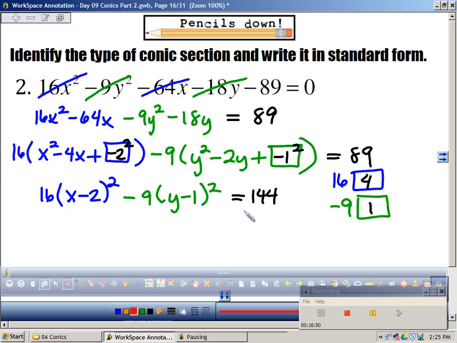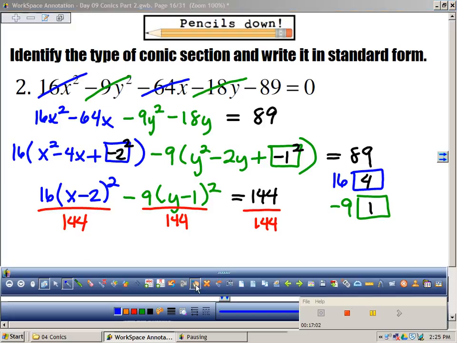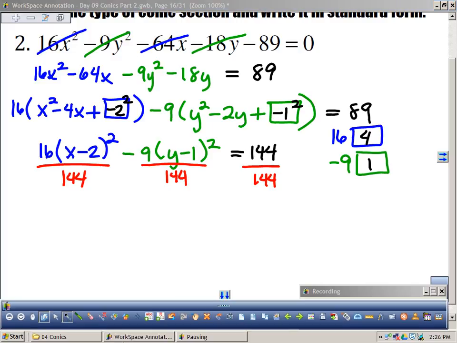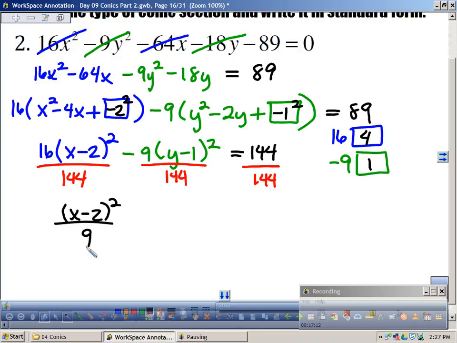Okay, last thing I have to do, divide everybody by 144. I am left with the 16 and the 144 cancel each other out, and it leaves me with a 9.